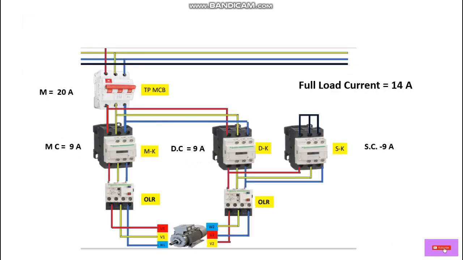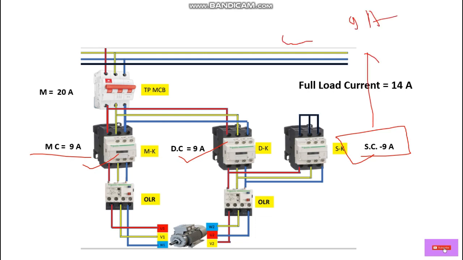So here main contactor size is 9, delta is the same, and star here is 9, because generally contactor sizes are available from 9 ampere. That's why I have taken it. If a lower rating is available in the market, then sure, our calculated value is 4.6 ampere, and if 5 ampere is available, then we can go with 5 ampere or 6 ampere.